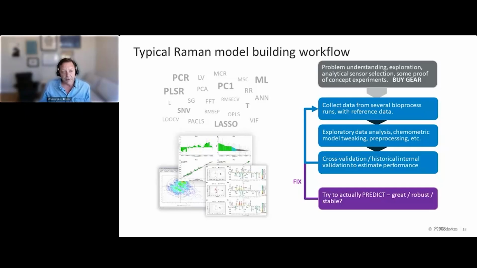No matter what software you're using, you're looking at the spectral data, you're looking at the reference data, doing an exploratory data analysis, then building some model which links the spectral data to the reference values. There are a lot of choices along the way in terms of pre-processing and spectral ranges. And you can look at the performance of that model in terms of cross-validation.